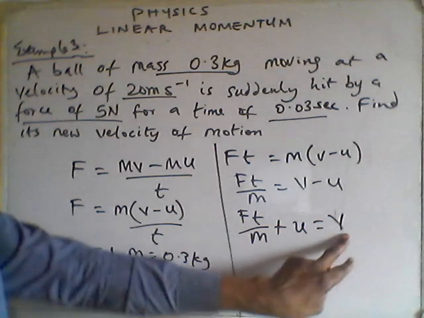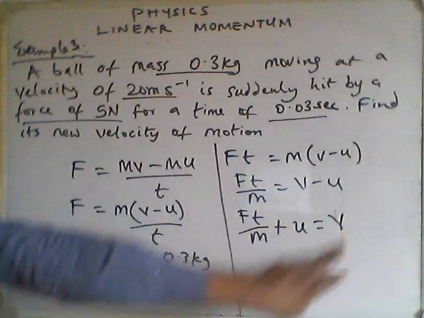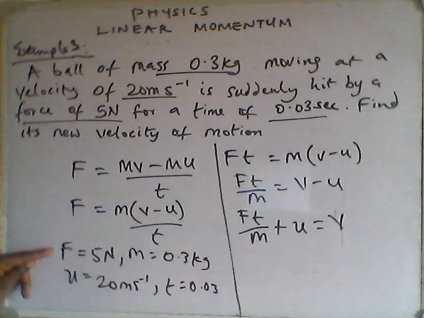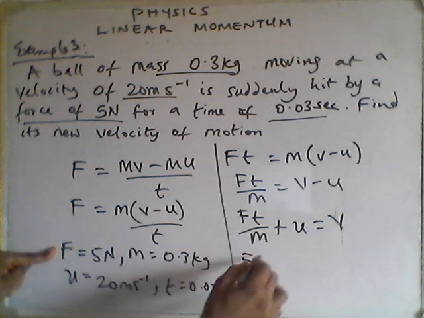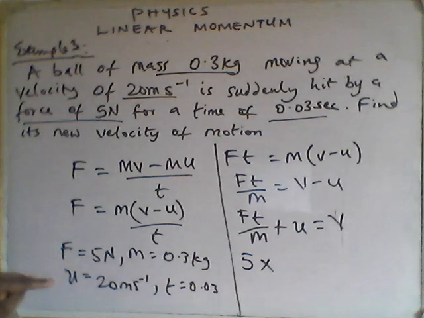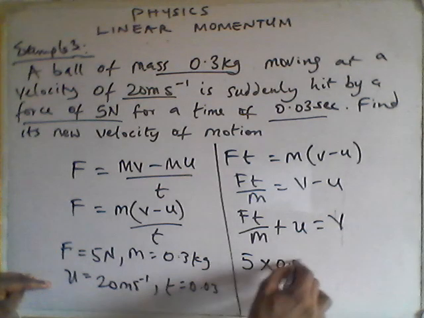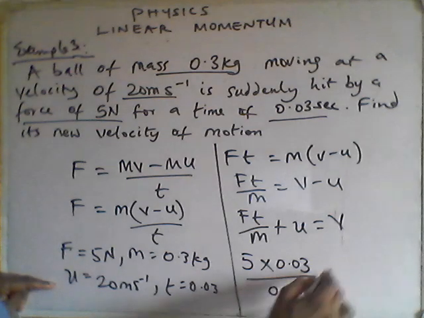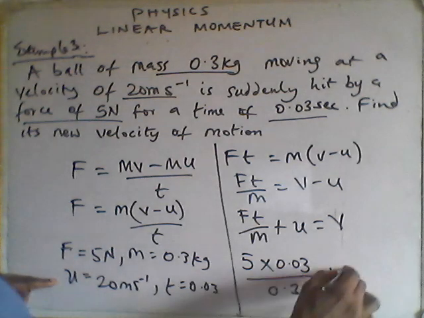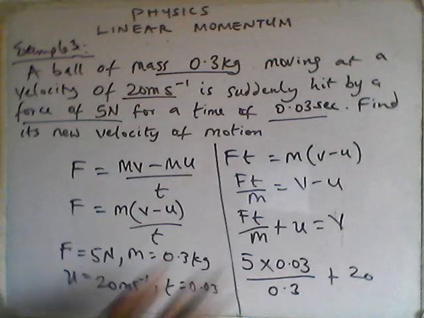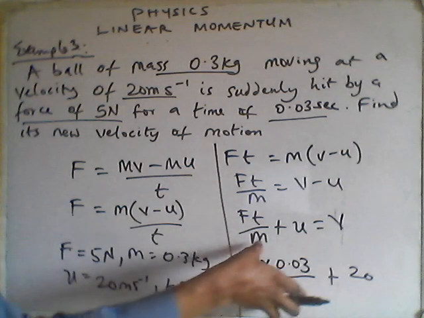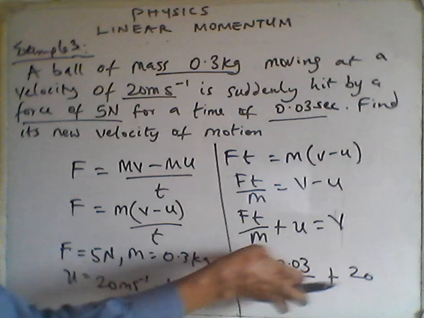So v is standing alone, and when I plug in everything I have here, I'll find it. F is 5 Newton, t is 0.03, all over m, which is 0.3, then plus u. U is 20. So I will do all these maths like this: I will get this times this, divided by this, and add it to this.